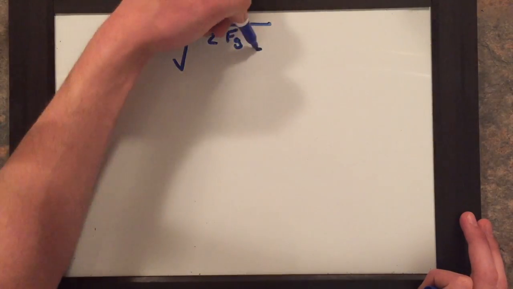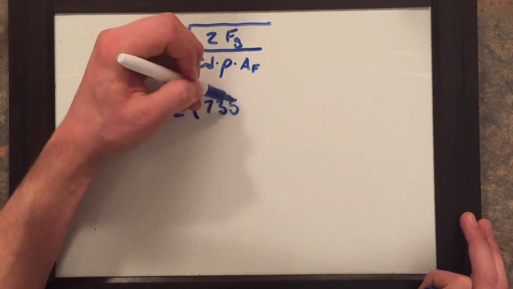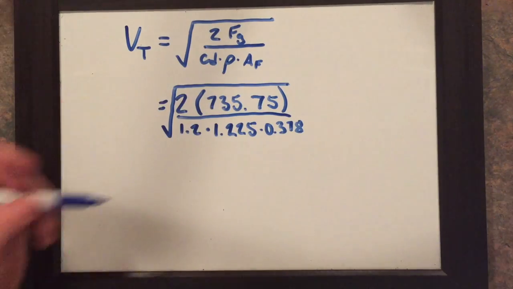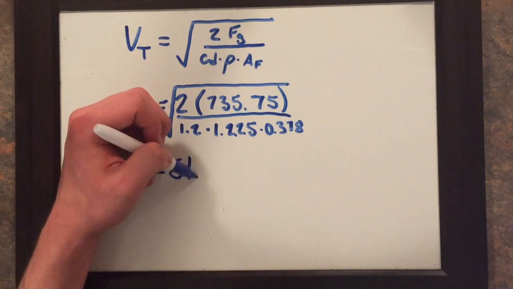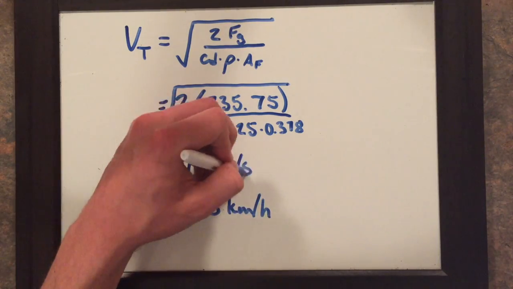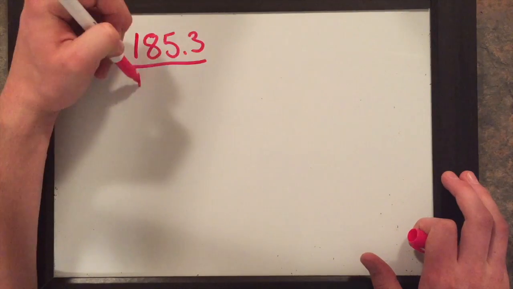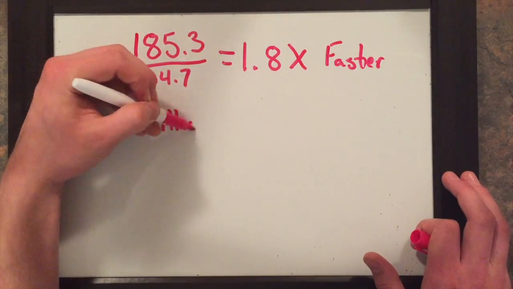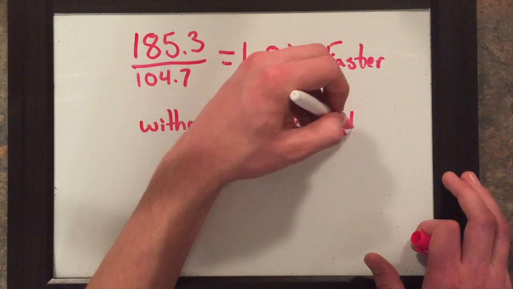Using the same terminal velocity equation as we used before, we can find her terminal velocity without her umbrella now, which is 51.5 meters per second, or 185.3 kilometers per hour. This means that without her umbrella, she went a substantial 1.8 times faster than she did with her umbrella.